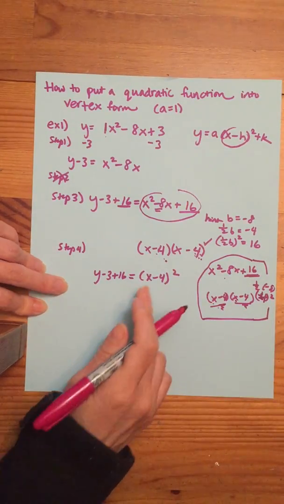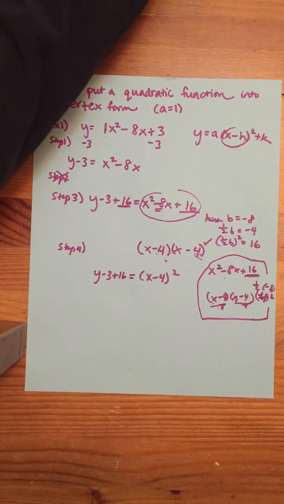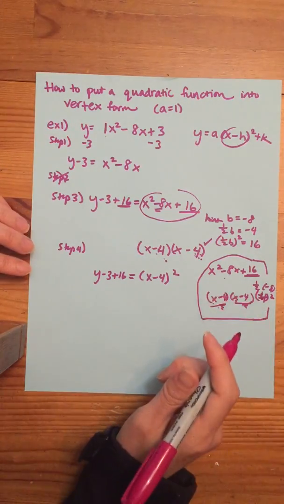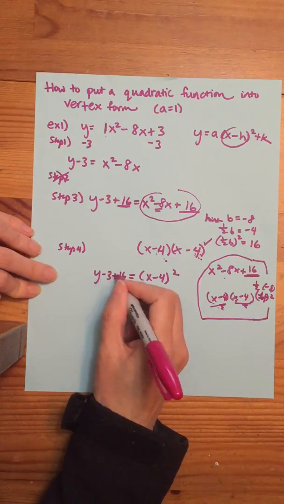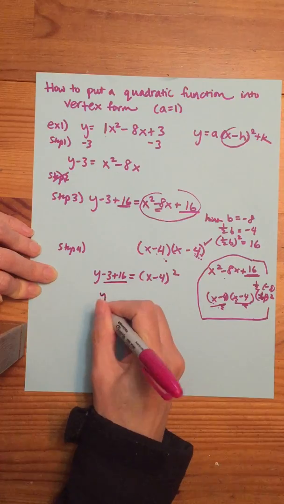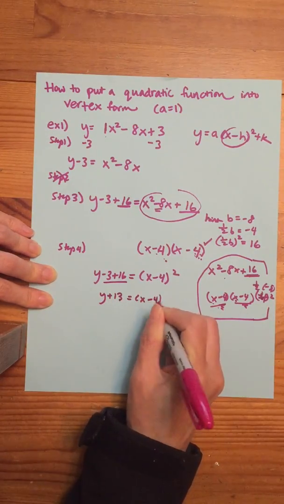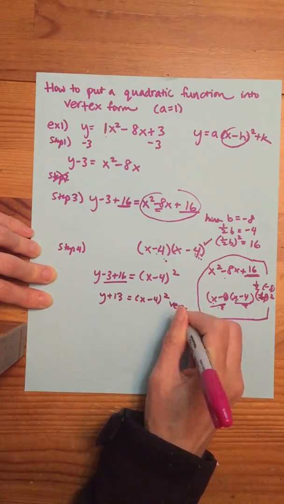So step 4 was rewrite it as x minus 4 squared, which we did. Step 5 is to simplify the left side. So I'm going to take y minus 3 plus 16, add these two terms. I get y plus 13. Now this right here counts as vertex form for some people.